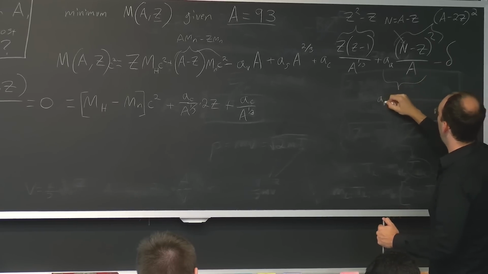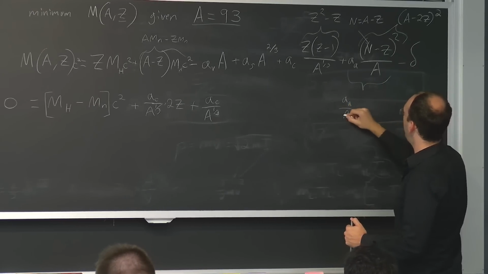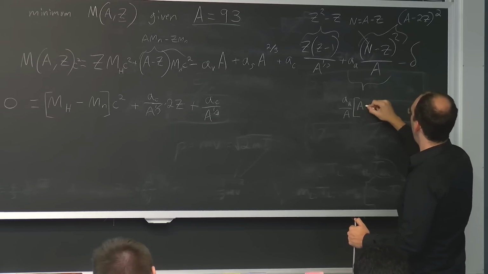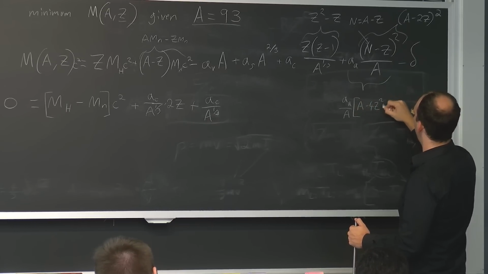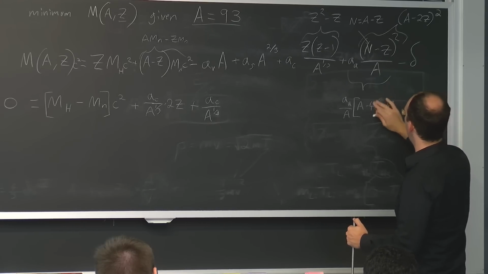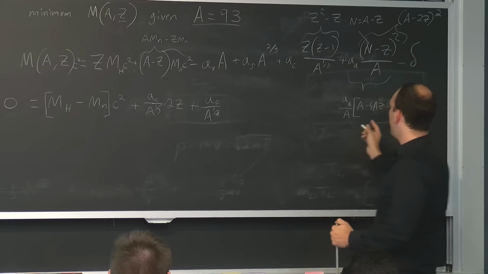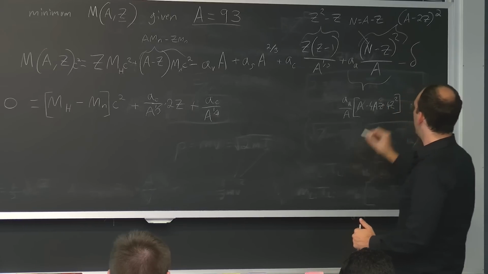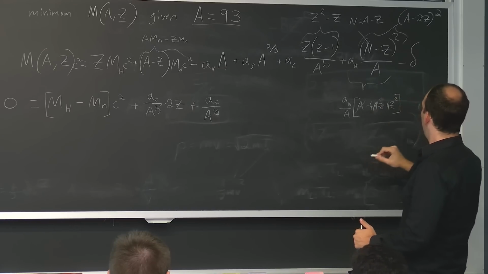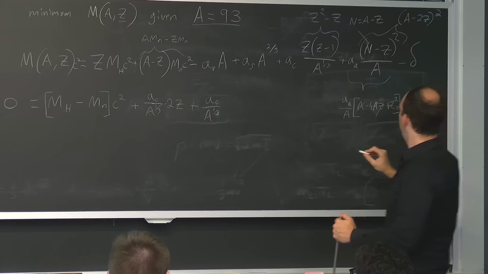So we have A_asymmetry over A times A squared minus 4AZ plus 4Z squared. So let's take the derivative with respect to Z of that. That term goes away. That becomes minus 4A.